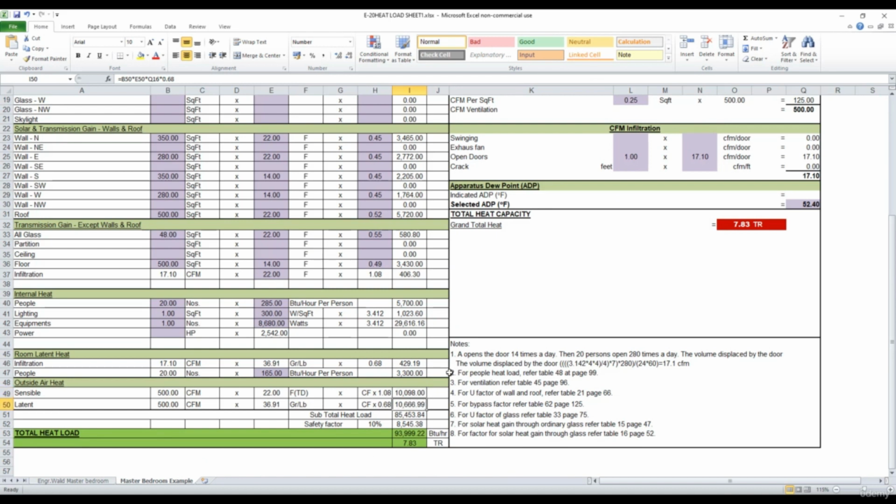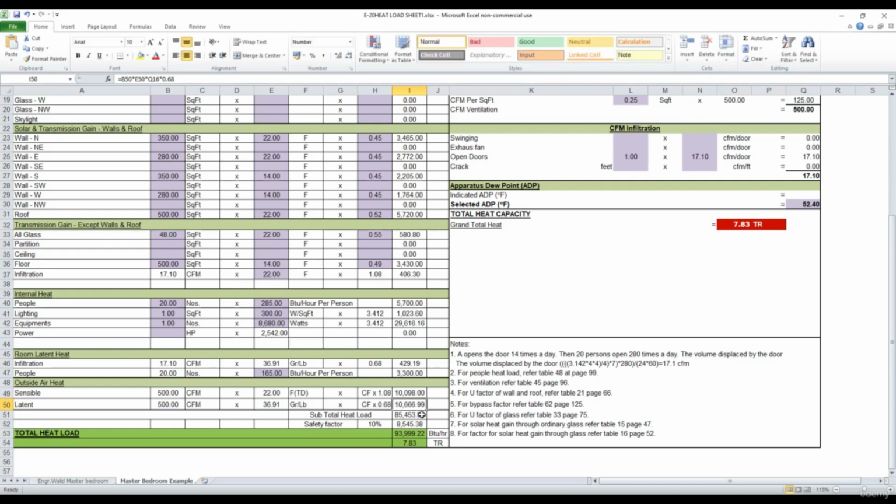Similarly, to find out the latent heat content due to ventilation, we take the ventilation airflow and the difference of grain per pound, which we have found out previously. We know the contact factor, and multiplying it by a factor of 0.68, we find out the total value of latent heat content due to air ventilation.